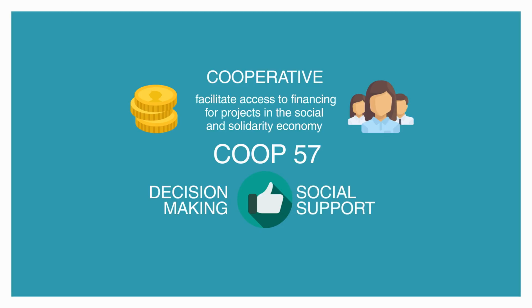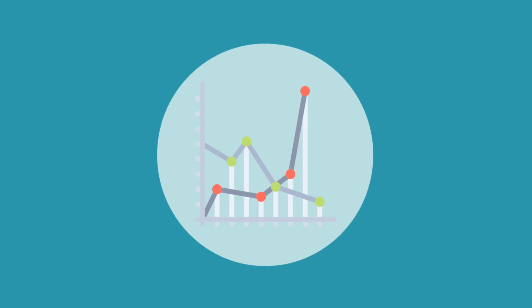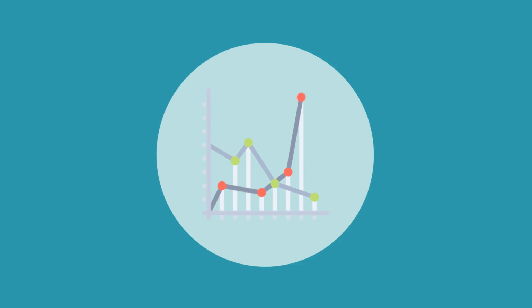This is another source of value, the social support, which allows the project to strengthen and improve collectively. Now we enter the innermost part of the business model, how social business generates the expected value.